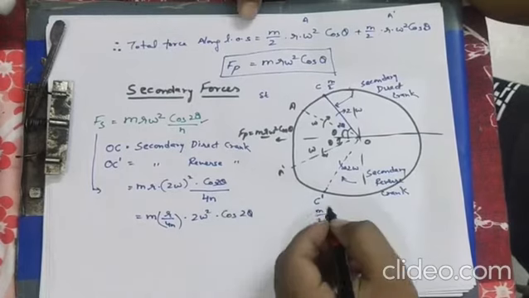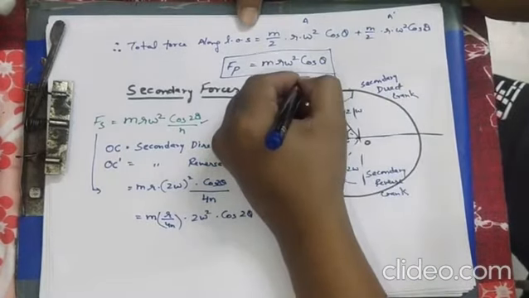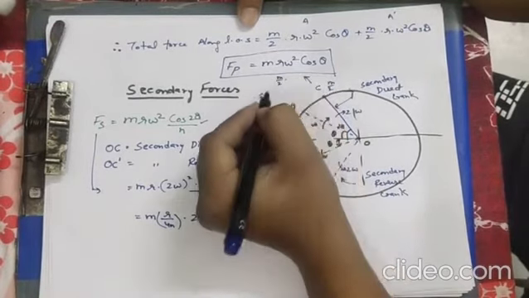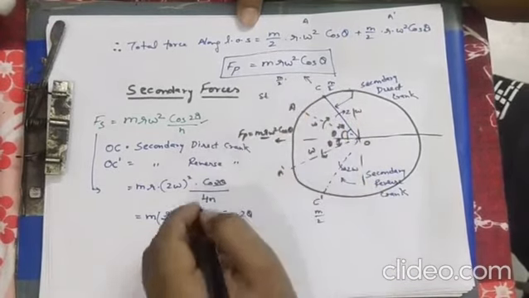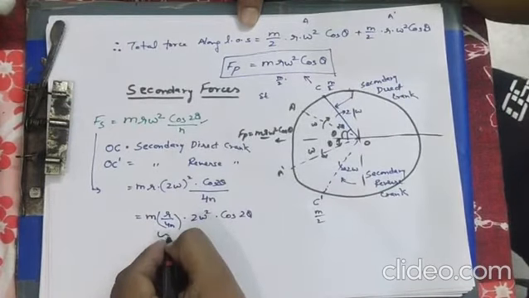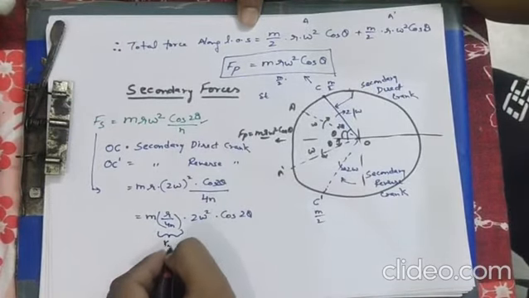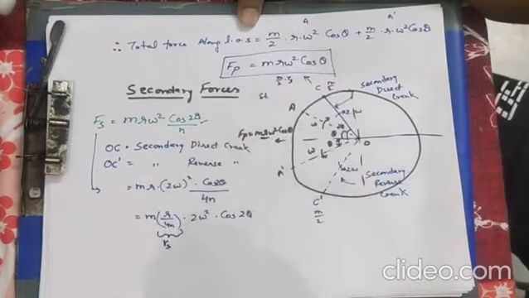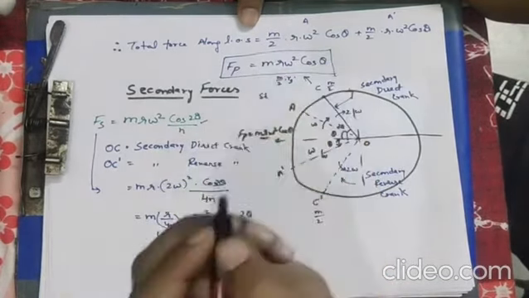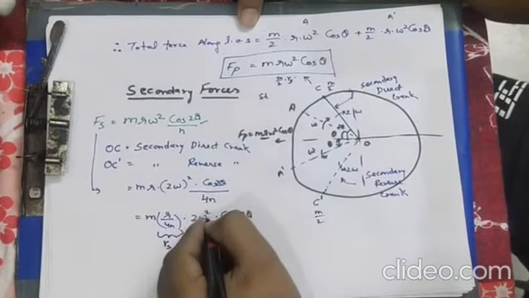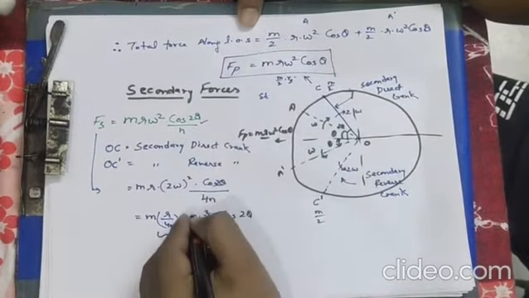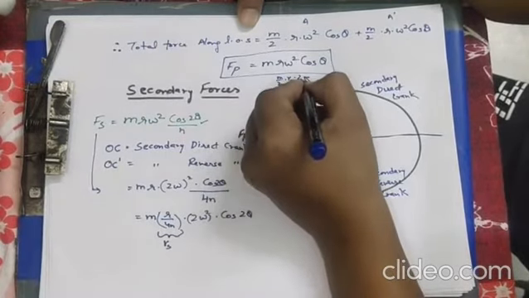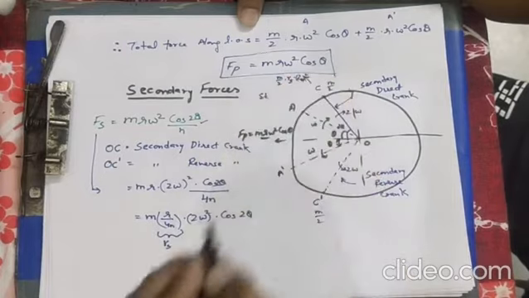That means if suppose the centrifugal force here is how much? M by 2 into R. So in this case, this will be the R for secondary force. So R for secondary, speed is, this is whole square, 2 omega whole square.